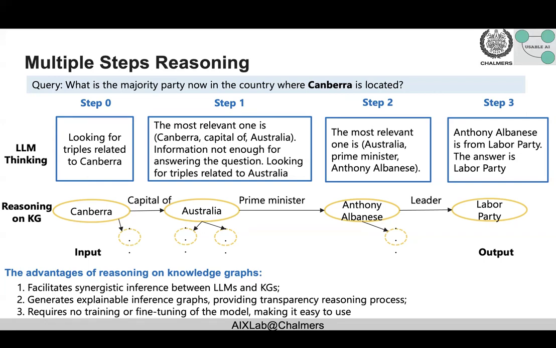We can also use semantic matching, or even use another LLM to select. Here are several neighbors. Yeah, and we can put all the neighbors and the original question into the LLM and ask the LLM itself to select the related entities.